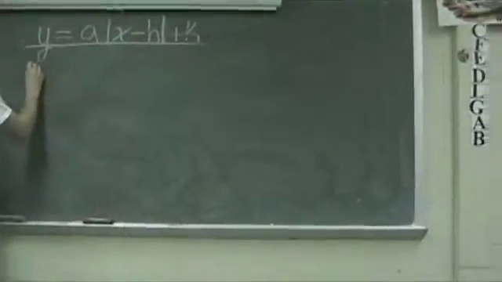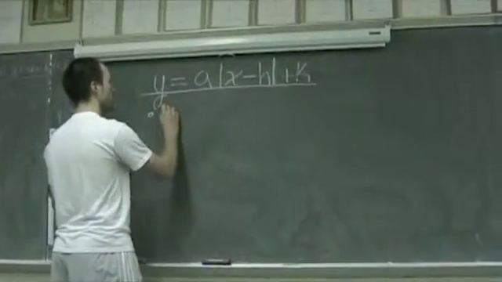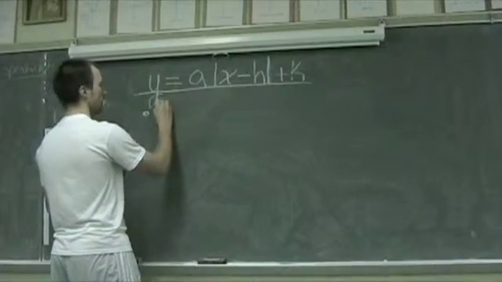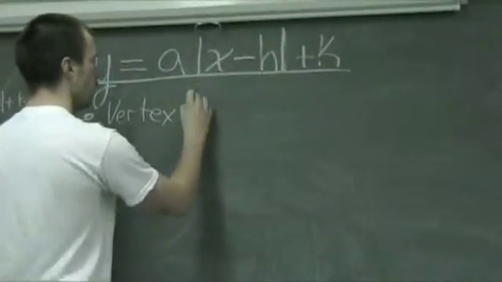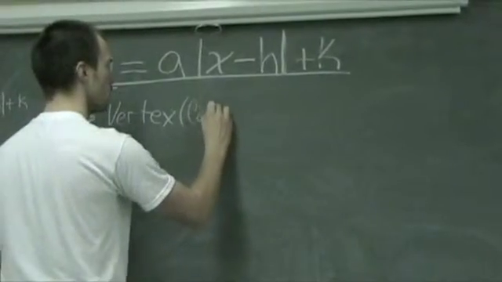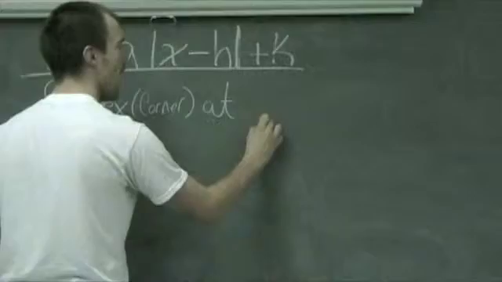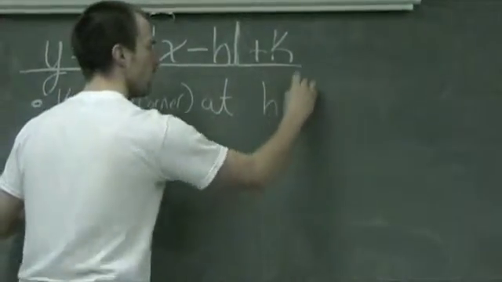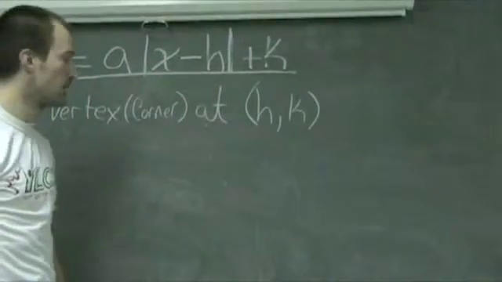So again, a property of the absolute value function is that it has a vertex, or the corner, at the point h, k.